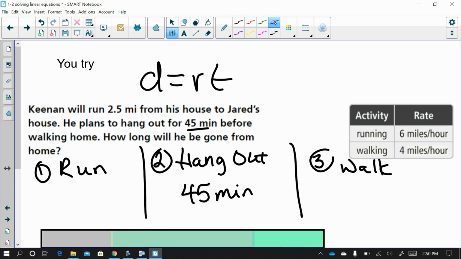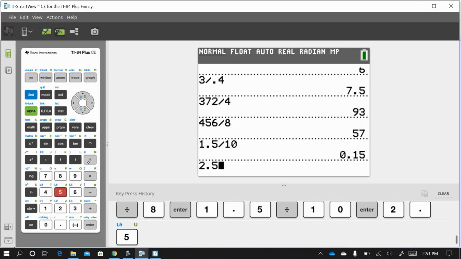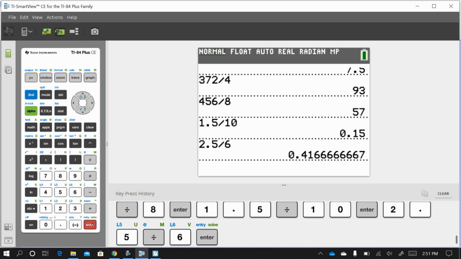So let's talk about the run. Distance is 2.5. How fast do I run? Oh, 6 miles an hour. Do I know the time? No. So let's solve for time. 2.5 divided by 6 is 0.417.